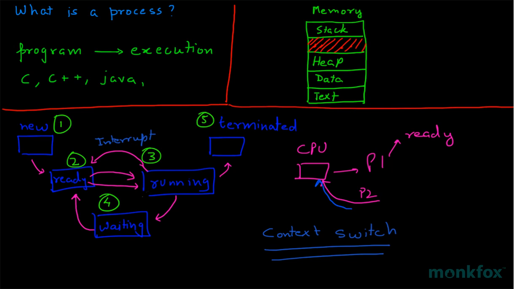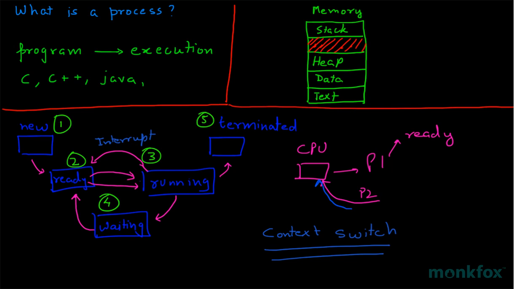So an interrupt is a signal sent to the CPU to halt whatever it is doing right now and change its execution to another process or program. So what we learned here is the states of a process, what an interrupt is, what a context switch is, and how the whole cycle of a process getting executed takes place.